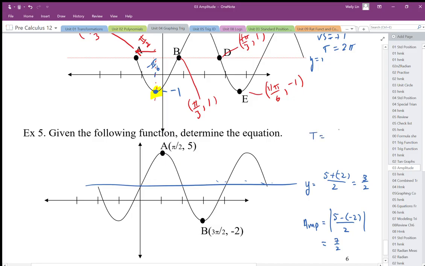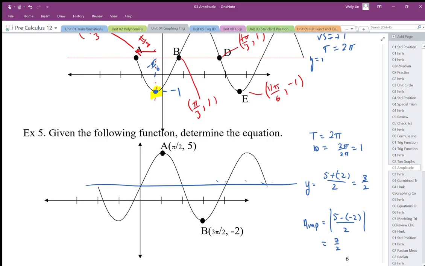Again, we're going to generalize this later, but we can find our period or distance by subtracting the x coordinates. That means the b value is going to be 2 pi over T, which is 1. That's what we had in all the other equations before.